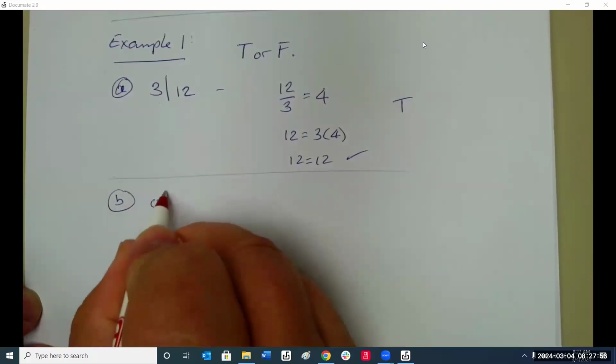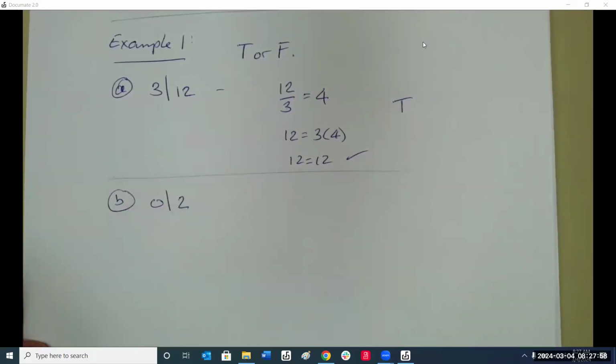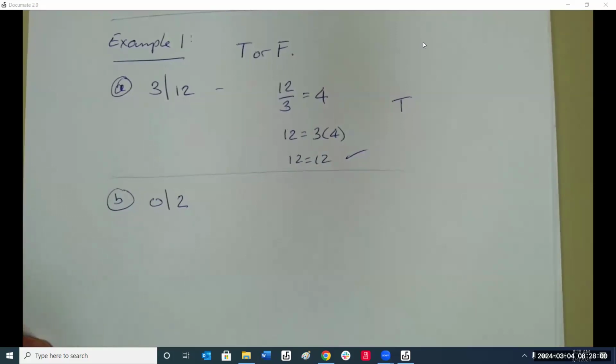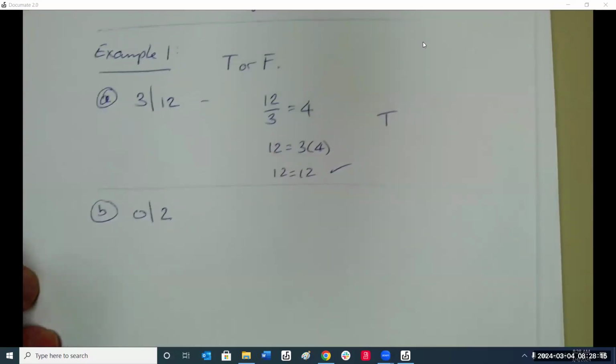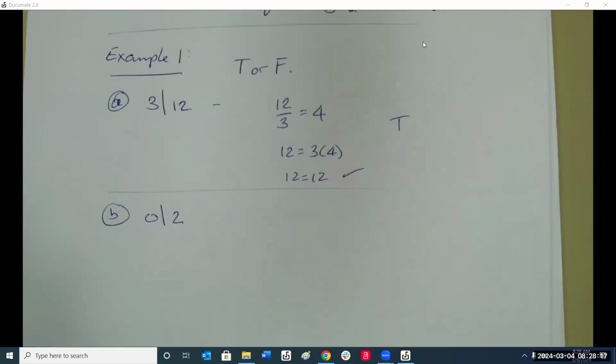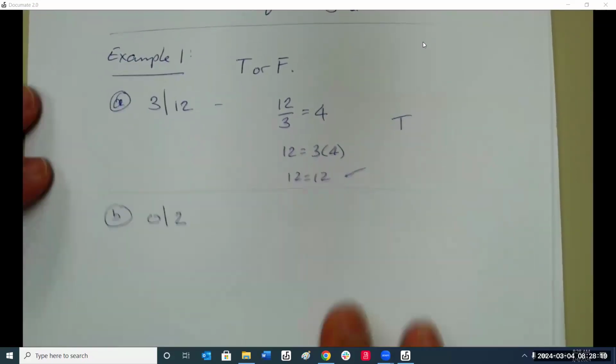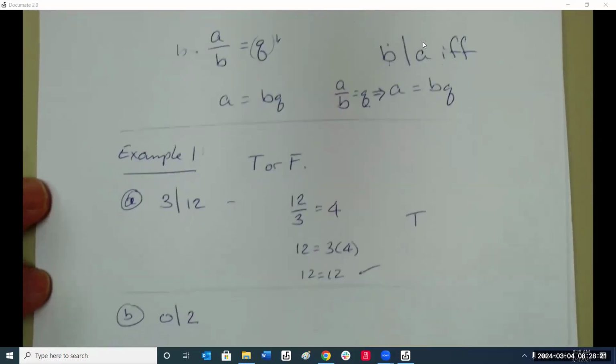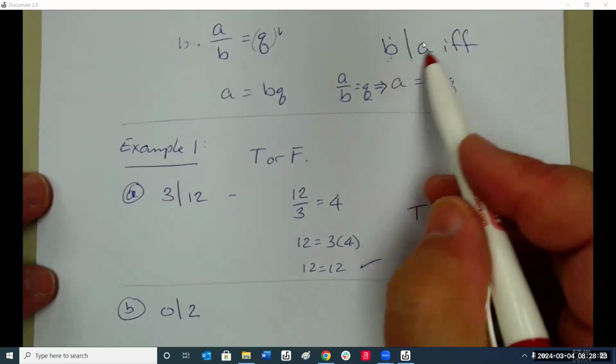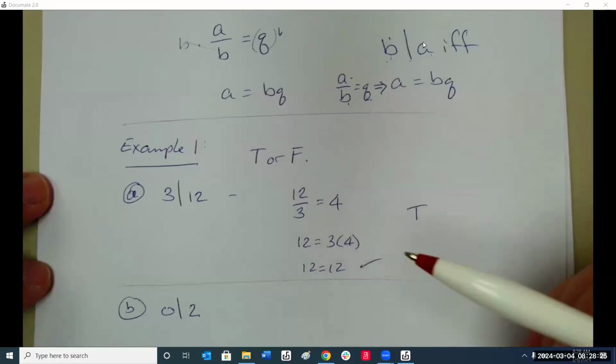B. 0 divides 2. True or false? What it says up here, B divides A means this.